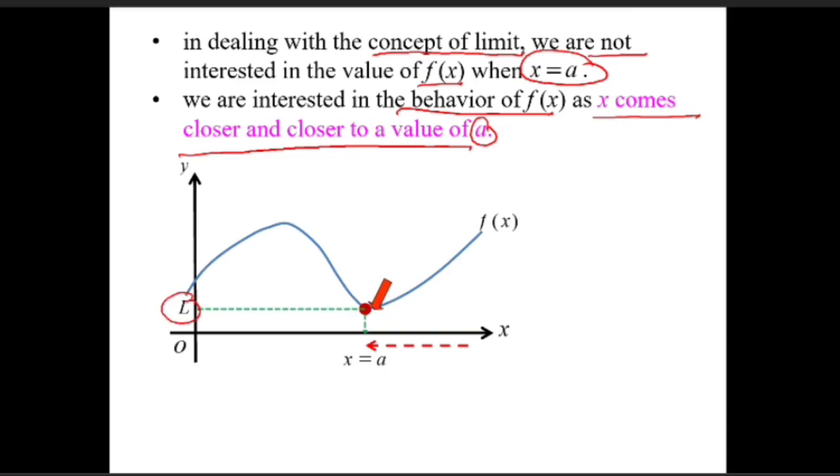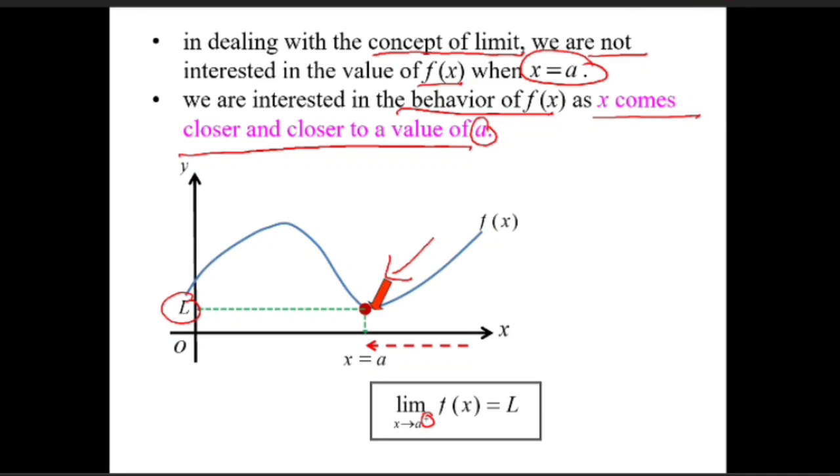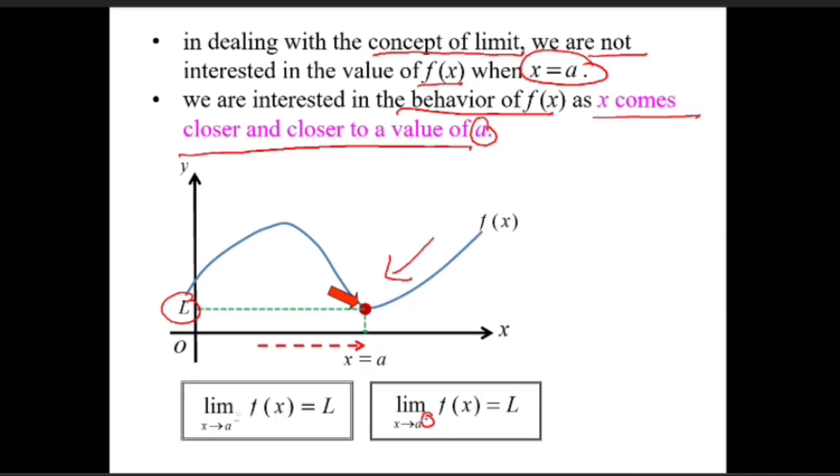The value of the limit at x equal to a is L. When we look at the value of the limit from the right side of a, we write a positive on top of a, which refers to the right side of a. And from the left side of a, we write it as a power negative, which refers to the left side of a. And the value of the limit, the y value, is also L.